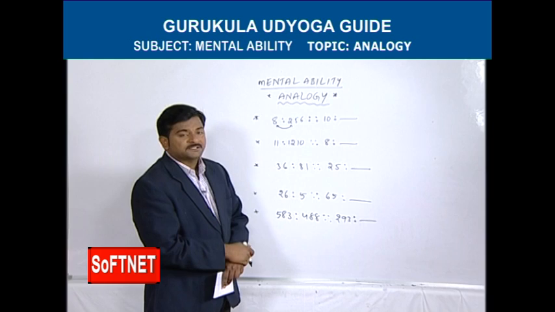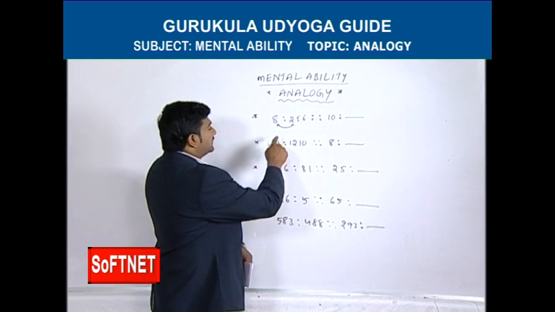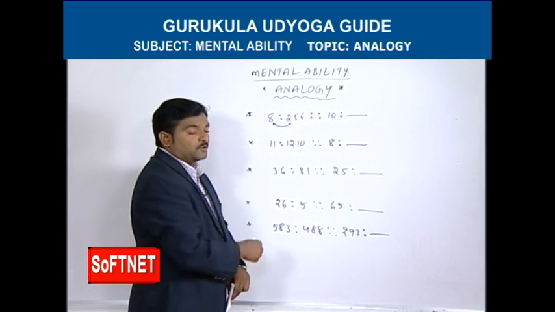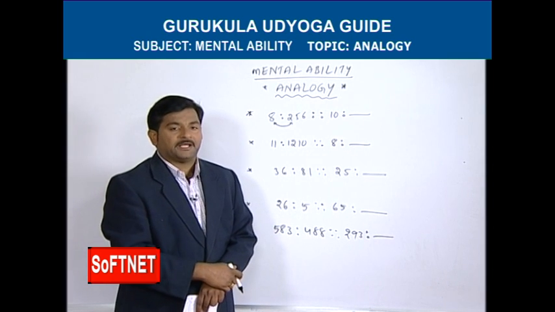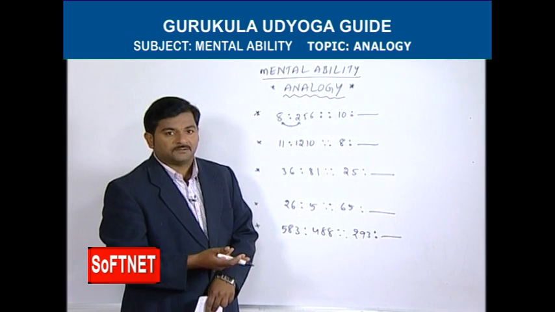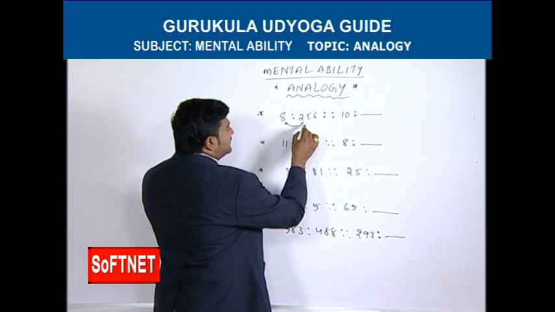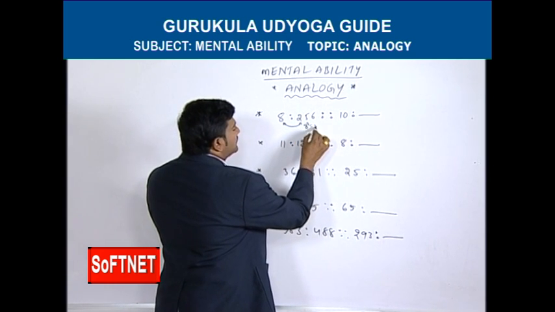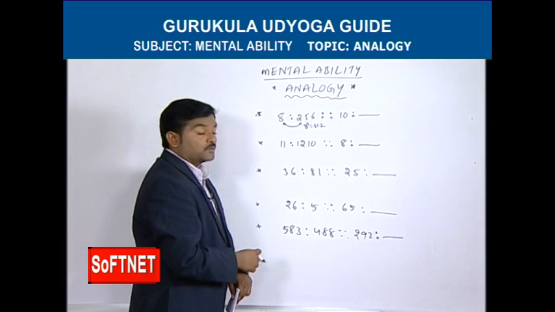To identify the relationship between these two numbers, you must be aware of the 8 cube value. 8 cube value is how much? 512. Everybody knows 8 cube is 512, but 256 is given.